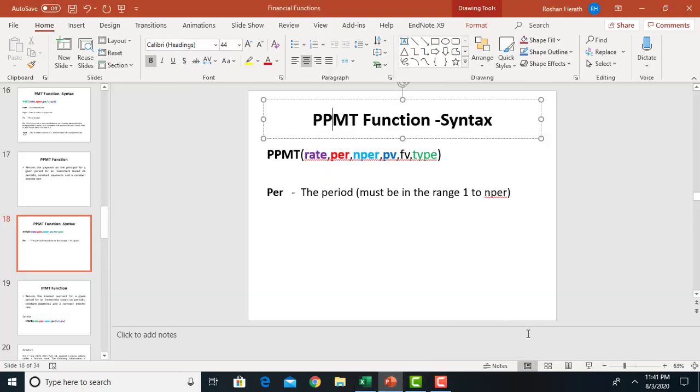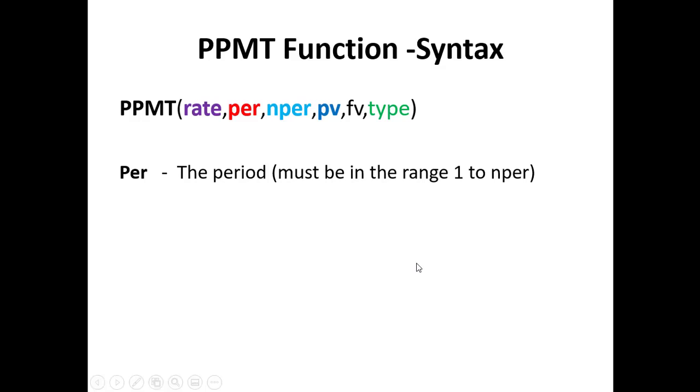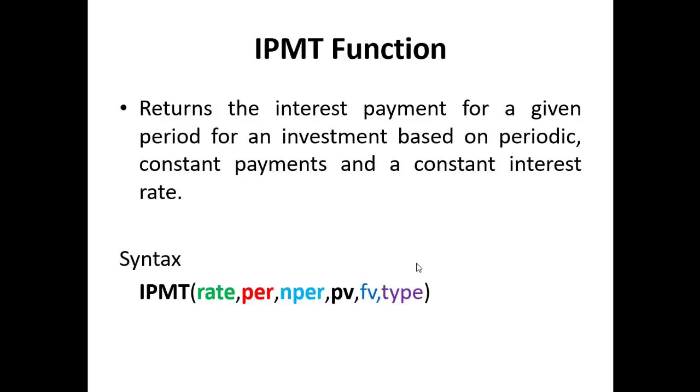Then we are moving on to the third function we may expect to discuss, and it is called the IPMT function. As far as this IPMT function is concerned, it basically helps to identify the interest component of a particular loan installment. So when you take a loan installment, what must be the interest component of that particular installment? And again, this is something that we expect to change throughout the loan period.